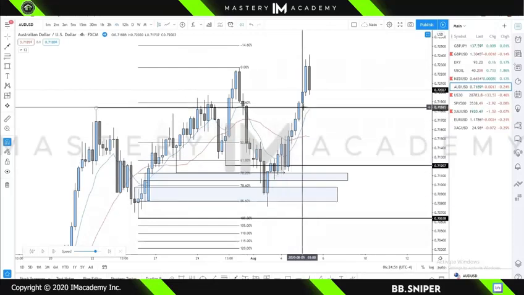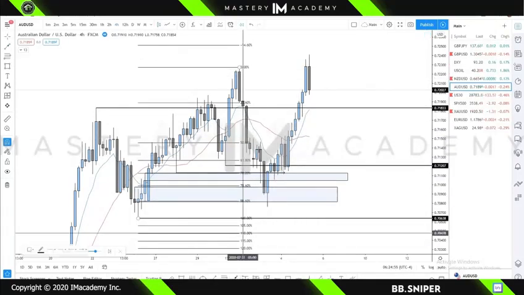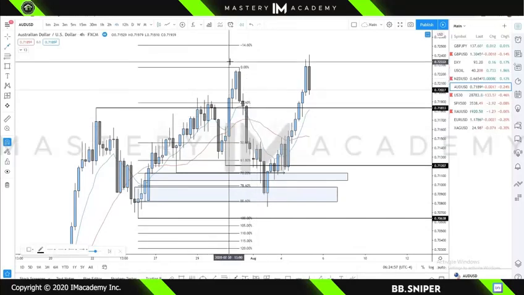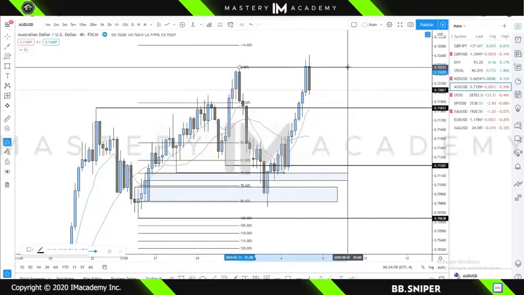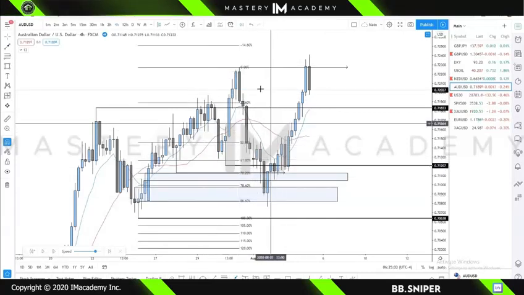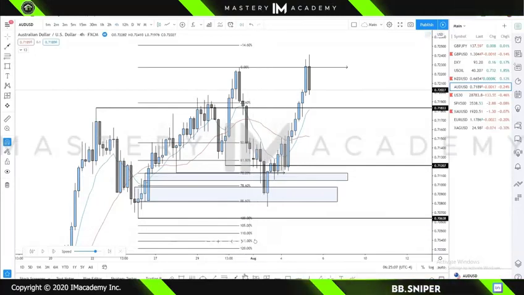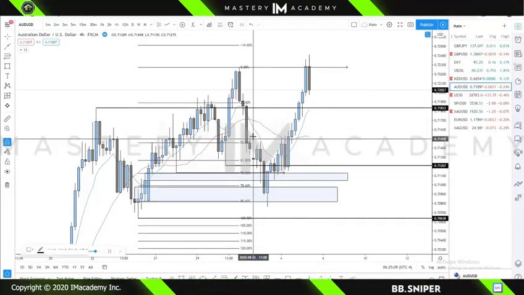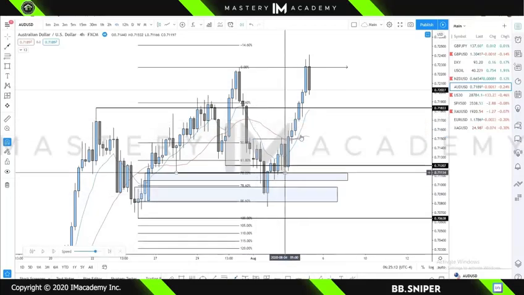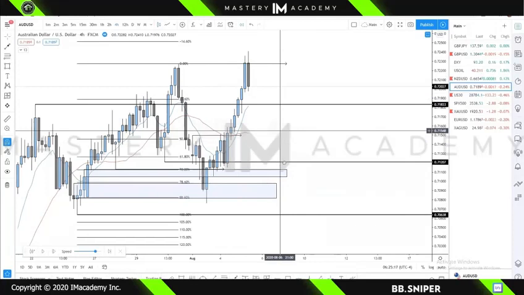So now they're going to bring price up to capture external liquidity, because they understand that some retail got in on this move down with their stops above highs, they're taking those out, and then the process repeats.